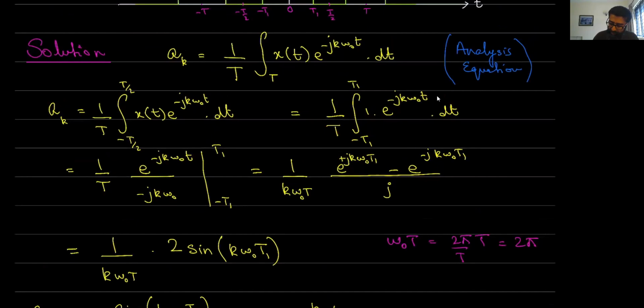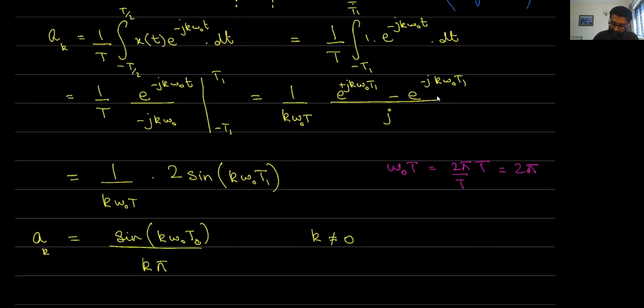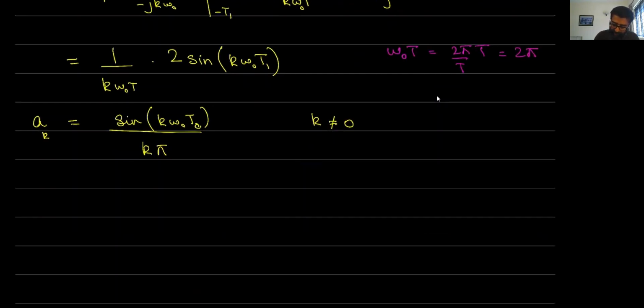If I plug in k equals 0, what I get is a0 is 1 upon T integral from minus t1 to plus t1, and the signal is 1 for this entire interval, and this is e raised to the power j times 0, which is just 1, and therefore this is 2t1 upon T.